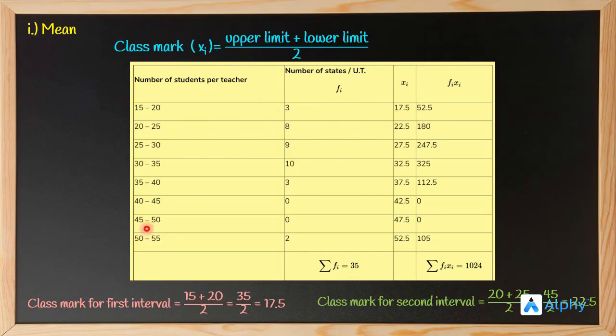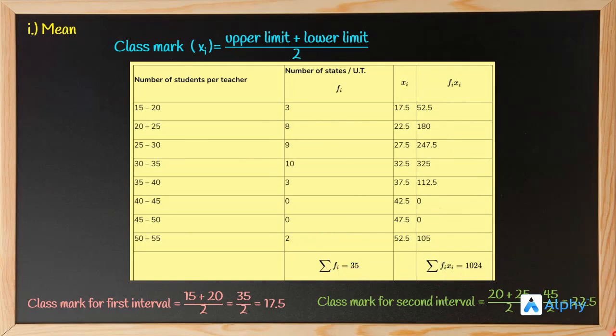Similarly, for all the class intervals, we multiply the class marks by their corresponding frequencies to get fi into xi. If we add all these values, we get summation of fi into xi as 1024. Similarly, if we add all the frequencies, we get summation of fi as 35.